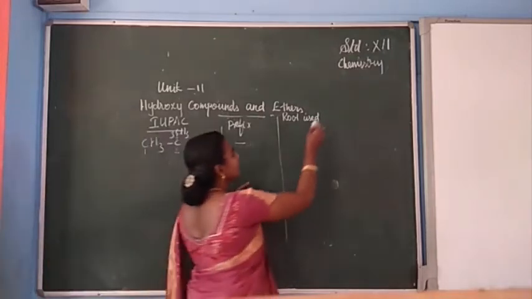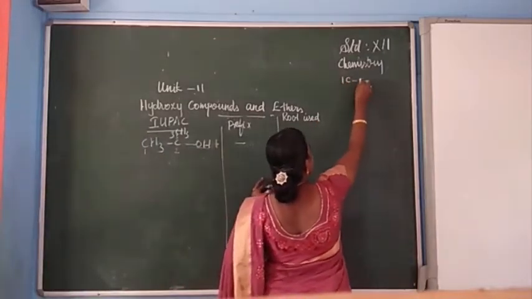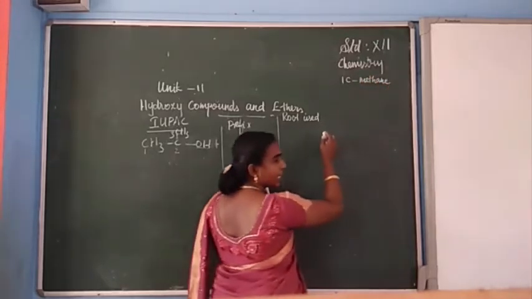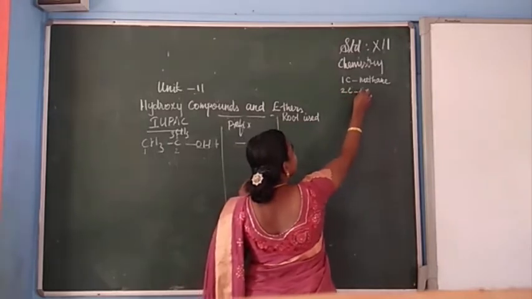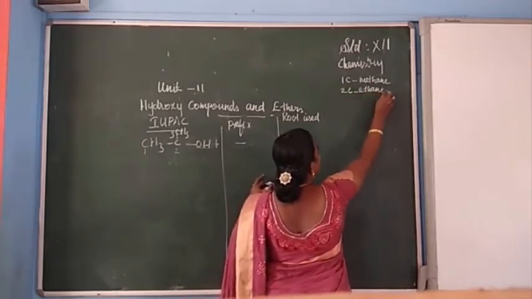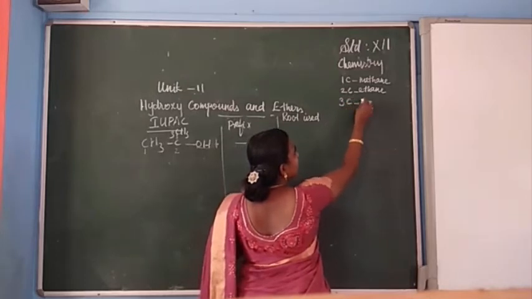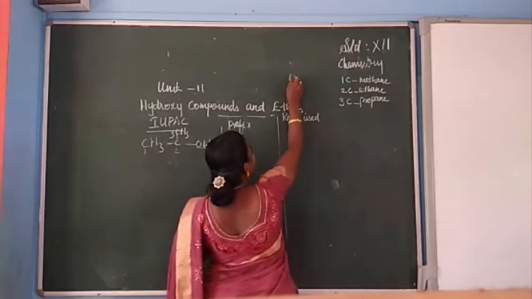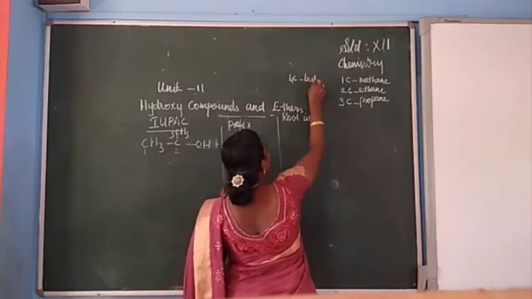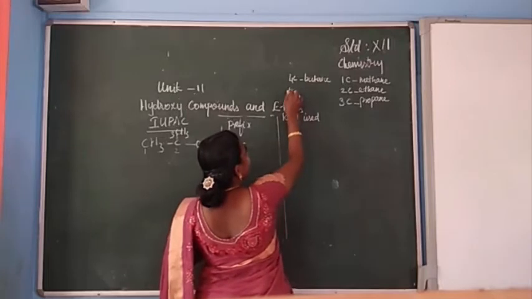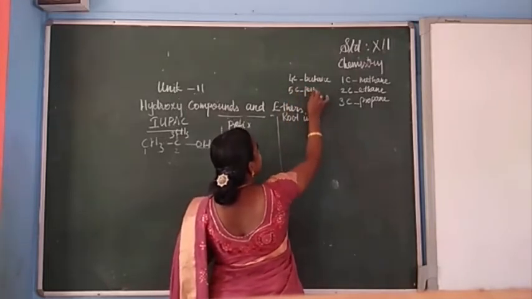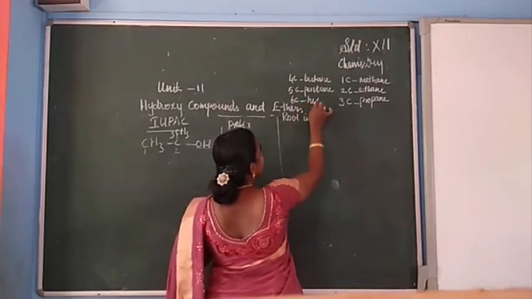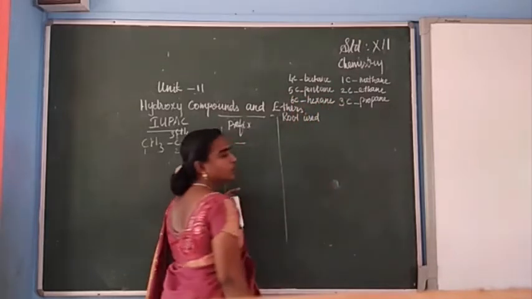If it is 1 carbon, the alkane is called methane. 2 carbon, ethane. 3 carbon, propane. 4 carbon, butane. 5 carbon, pentane. 6 carbon, hexane.